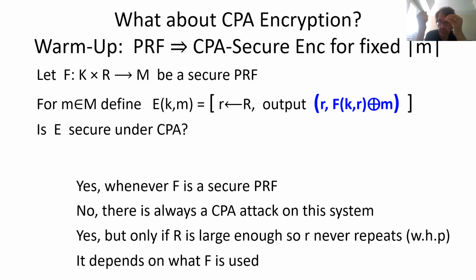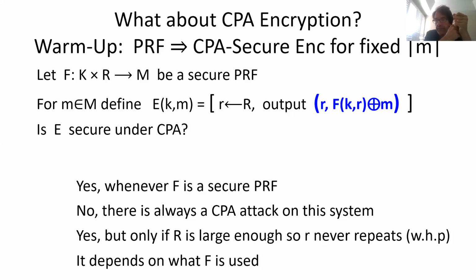Because this is a chosen plaintext attack. So I send an M and I get back M XORed with FK of R1. Of course, I learn FK of R1 from that. Next message I encrypt, I get FK of R2 by the same thing.